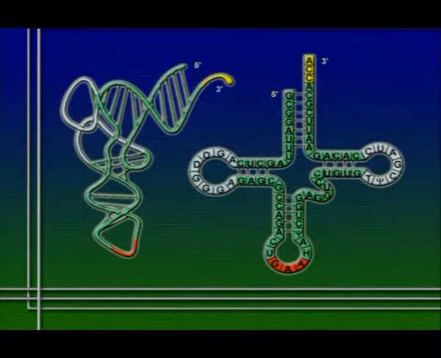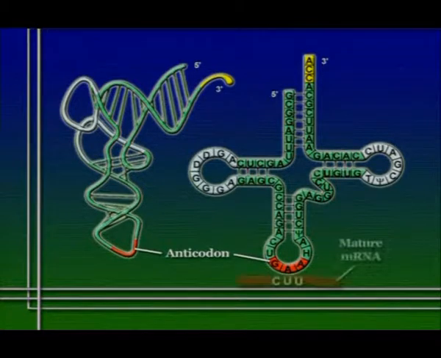At one end of a tRNA molecule is what we call an anticodon. The anticodon is a triplet of bases that will form complementary base pairs with a codon of messenger RNA. So, for example, a codon for the amino acid leucine is CUU.